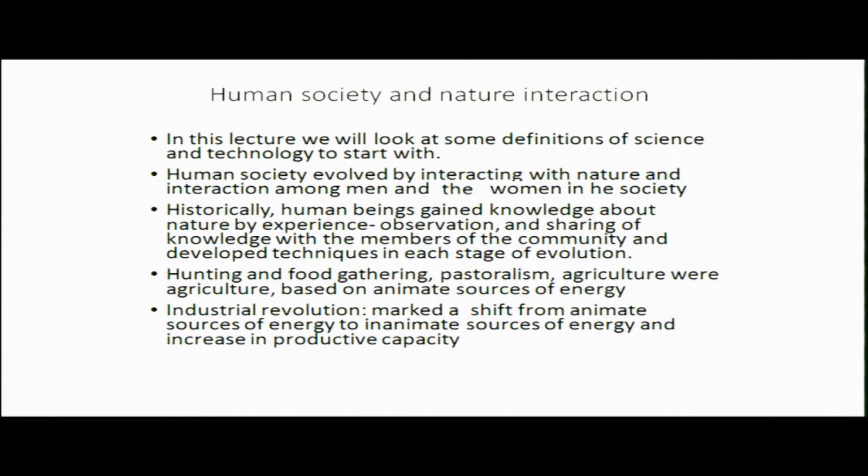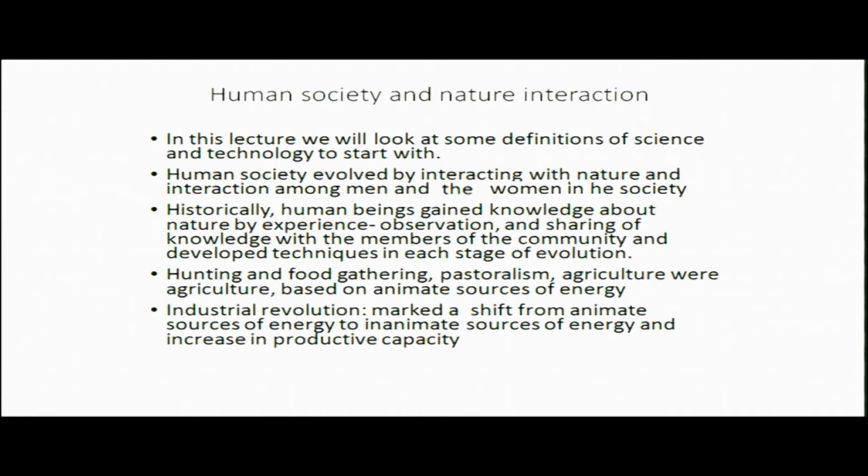For example, hunting and food gathering, pastoralism, agriculture were the main stages through which the human society passed before becoming industrial society, and these stages depended on animate sources of energy for carrying out various activities.